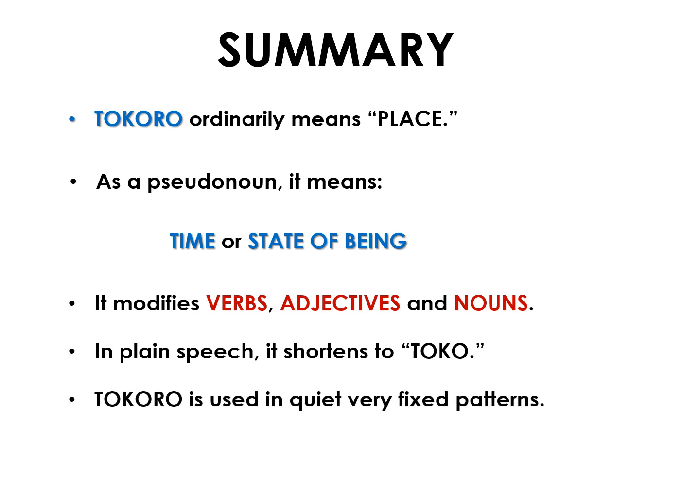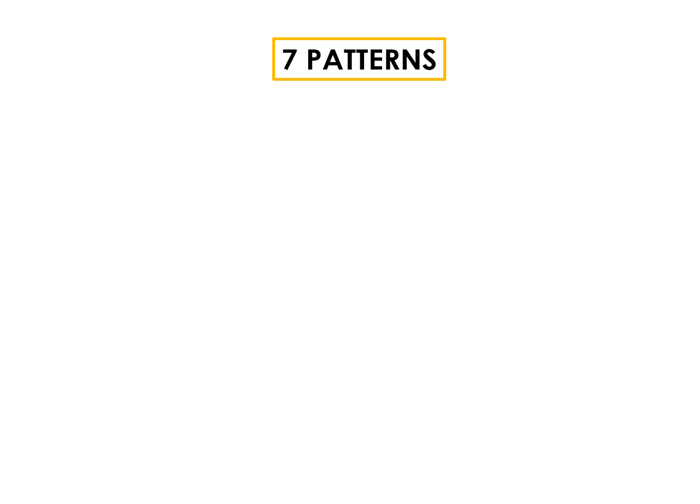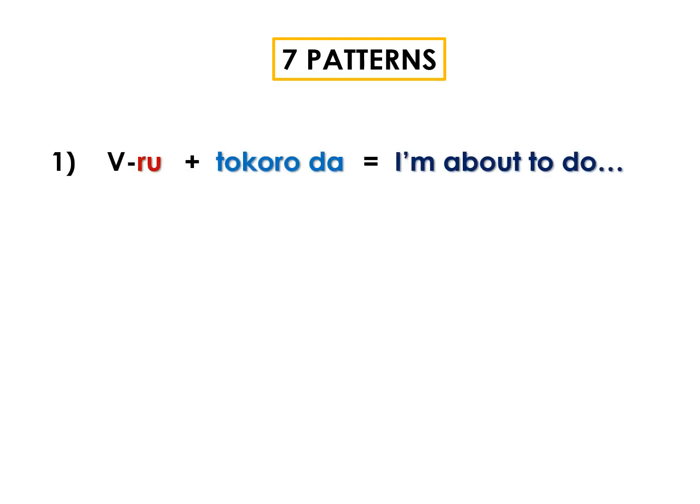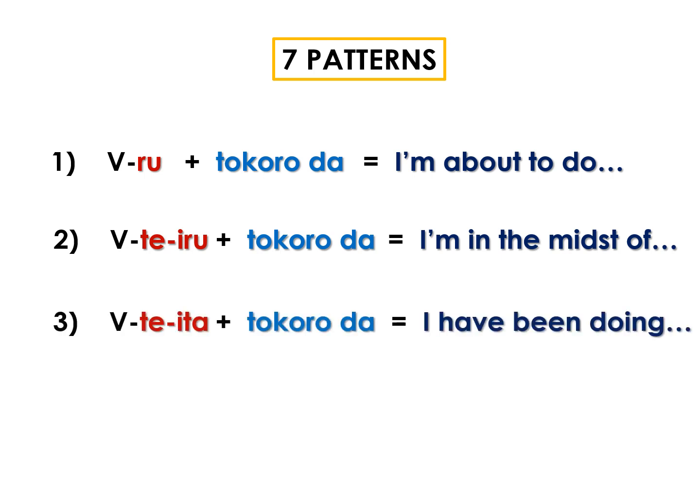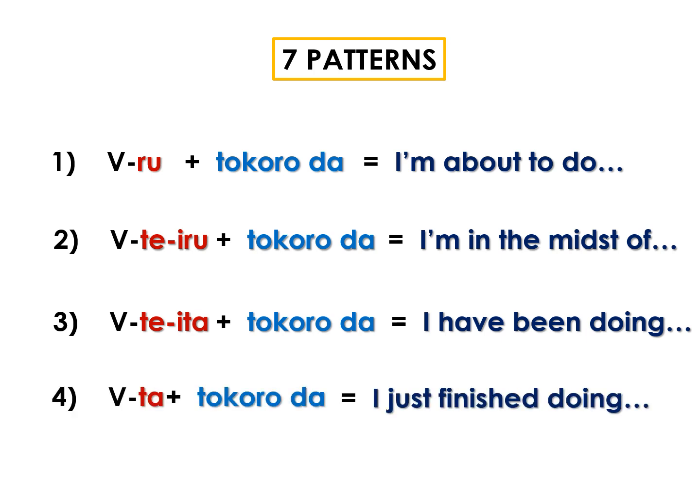Tokoro is used in a number of fixed patterns. There are 7 patterns with verbs that we took up here. Ru tokoro da means I'm about to do something. Te-iru tokoro da means I'm in the middle of doing something. V-te-ita tokoro da means I have been doing something. And ta tokoro da means I just finished doing something.